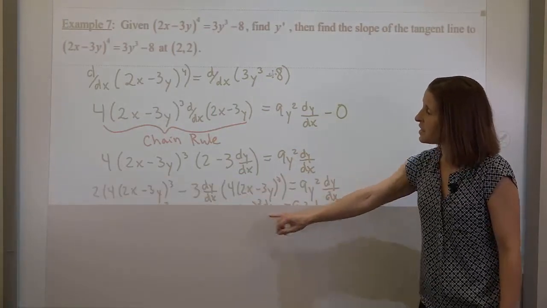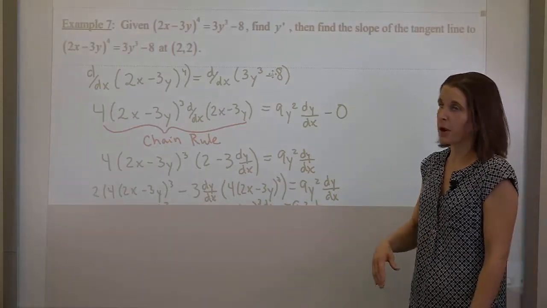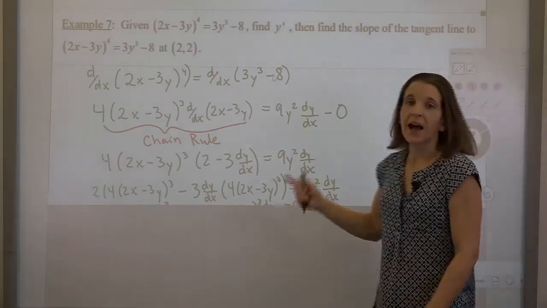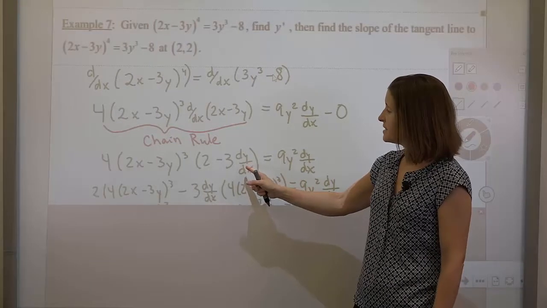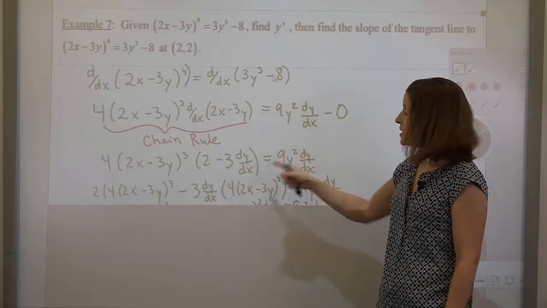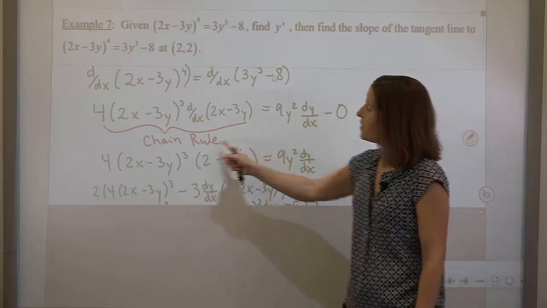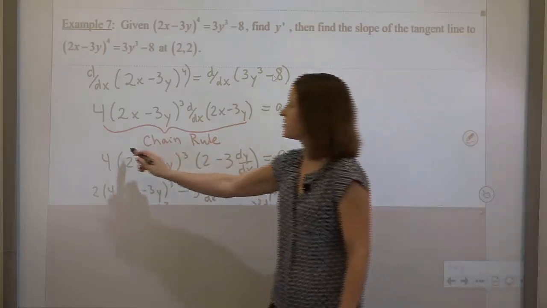And now this is where we have to be careful. This is what's different than previous problems. So I have to isolate dy/dx. One of them is over here, but the other one is stuck inside this parentheses, and that parentheses is being multiplied by this entire thing.